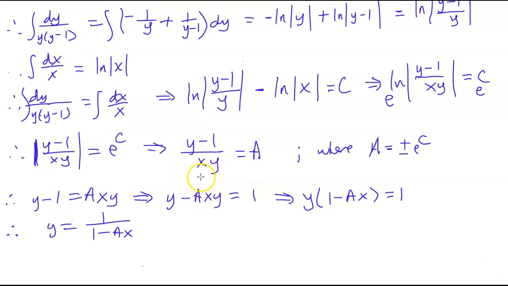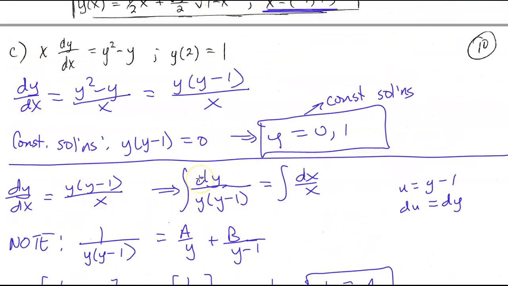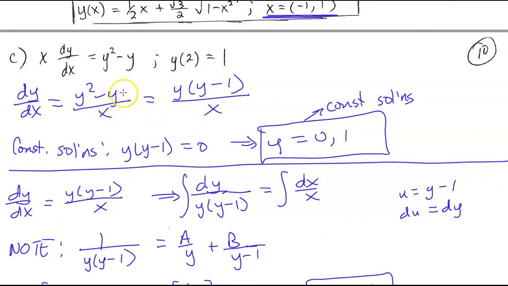And here's why. Okay, so I'm going to go back up to our original equation here, and notice that we're dealing with the derivative of y with respect to x is equal to what we have here.